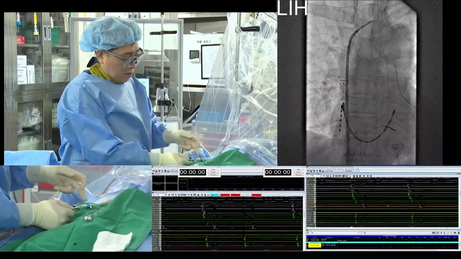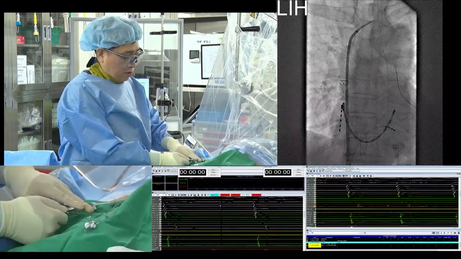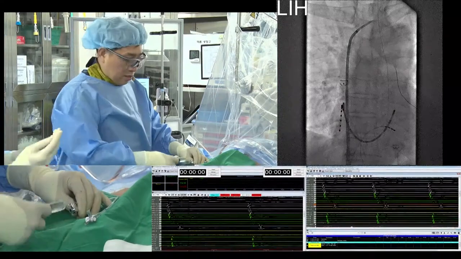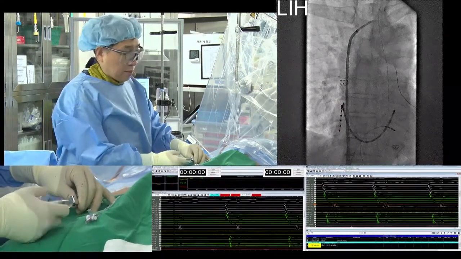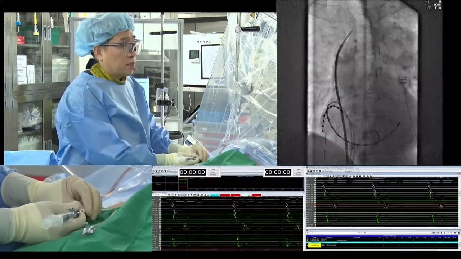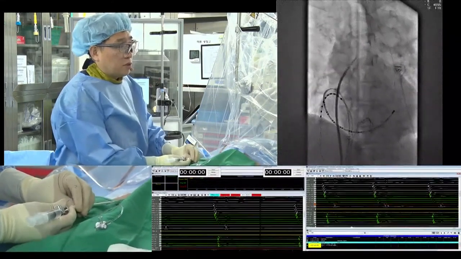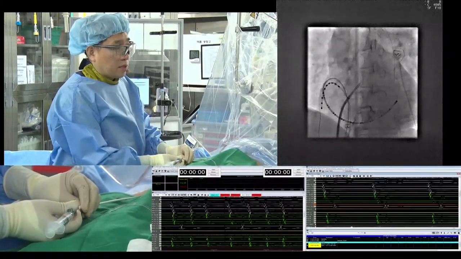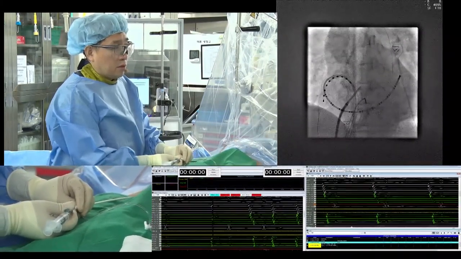And in the LAO 35 degree view, we pull back the catheter, and in this position you should make sure you can see the radiopaque marker at the tip of the sheath in between the dilator. You should maintain this marker in a linear position.